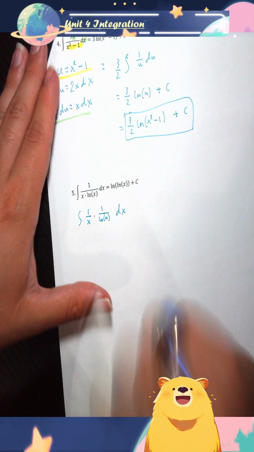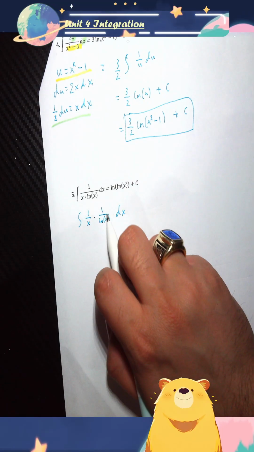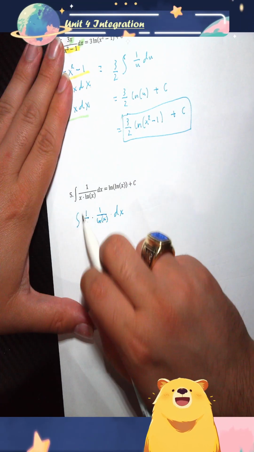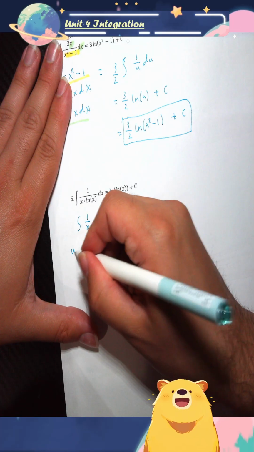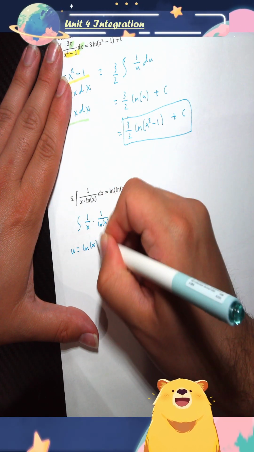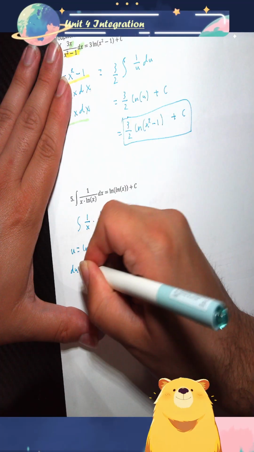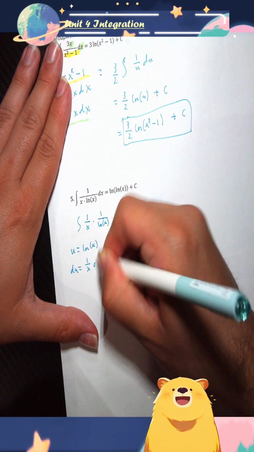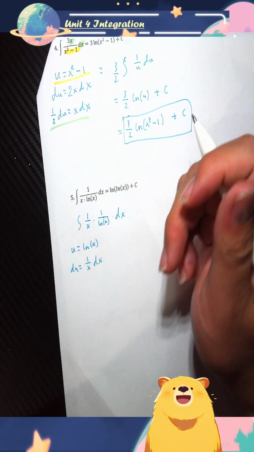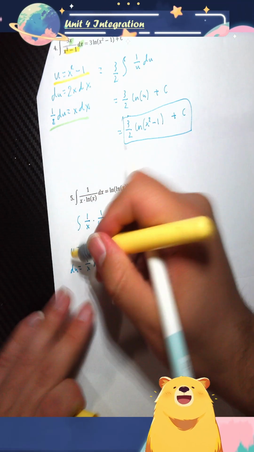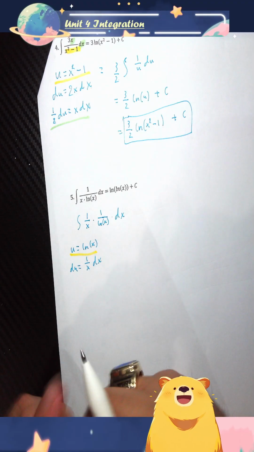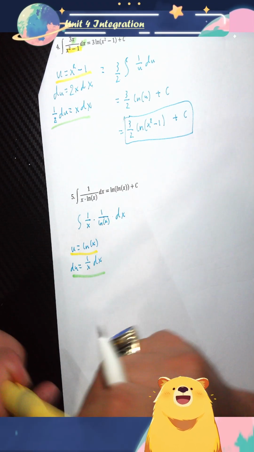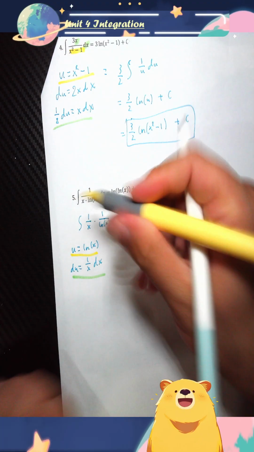From here I can see what the issue is. We know the derivative of ln is 1 over x. So if I do u equal to ln of x, then its derivative 1 over x appears with dx.